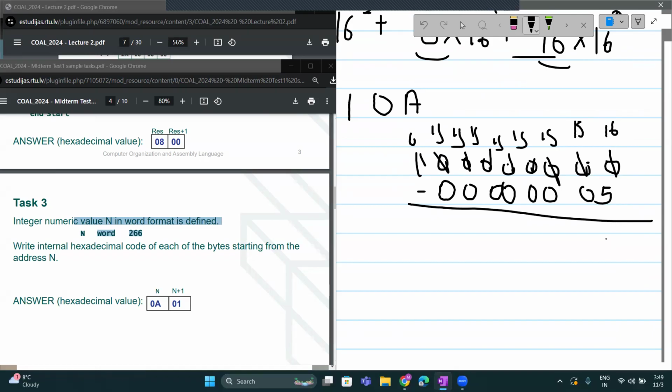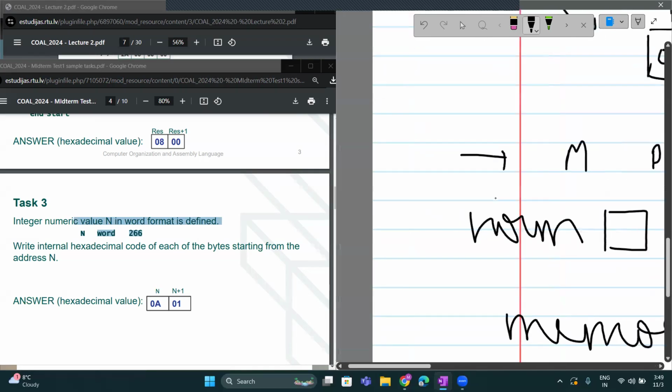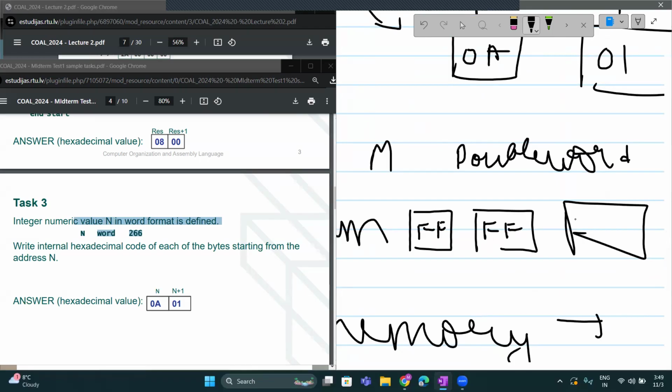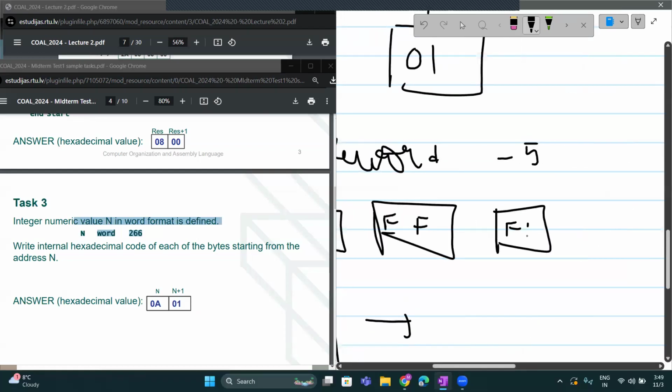And 11 in hexadecimal is B. And all of these are F. So if we represent this, it will be FF, FF, FF, and FB.